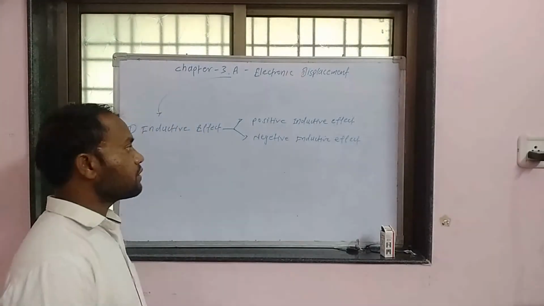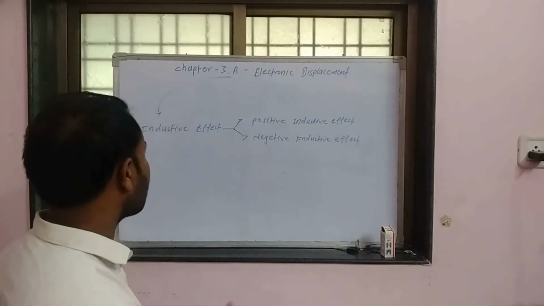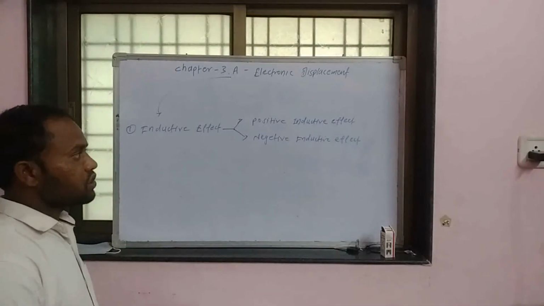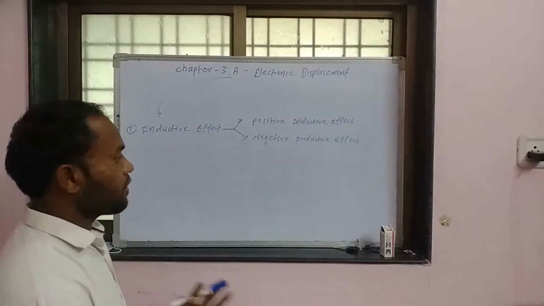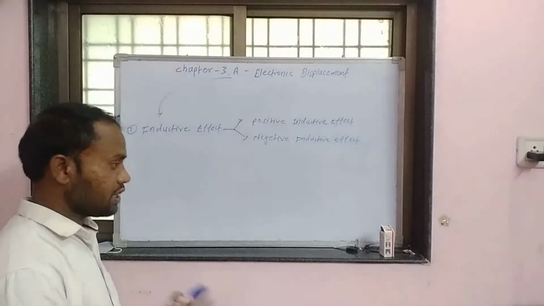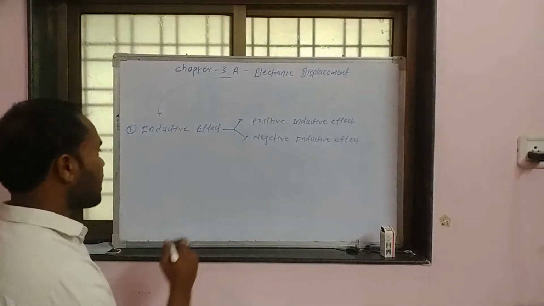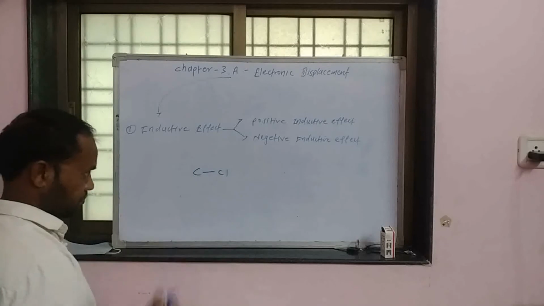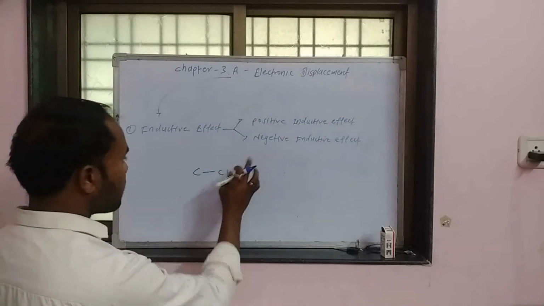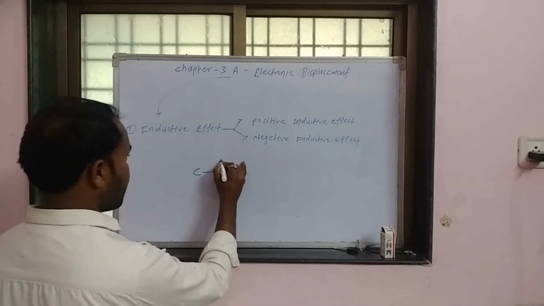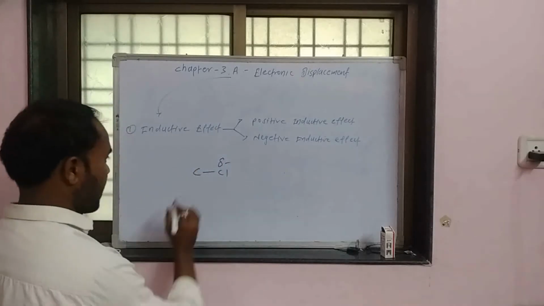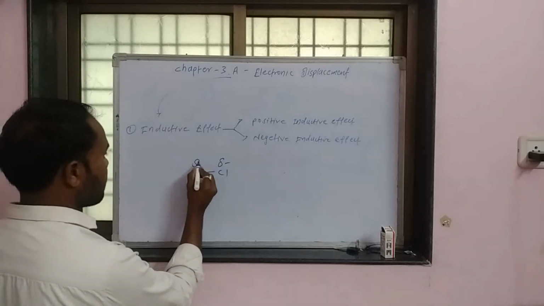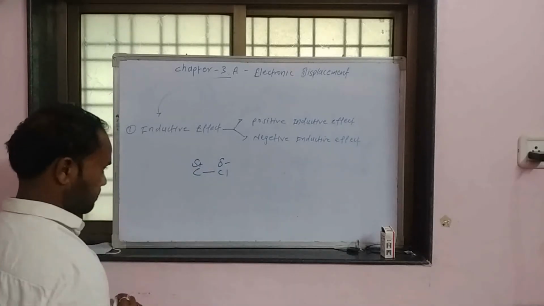The more electronegative atom acquires a partial negative charge, and the less electronegative atom acquires a partial positive charge. Consider the carbon and chlorine bond. As chlorine is the more electronegative atom, it becomes negatively charged, and the carbon atom is partially positively charged.